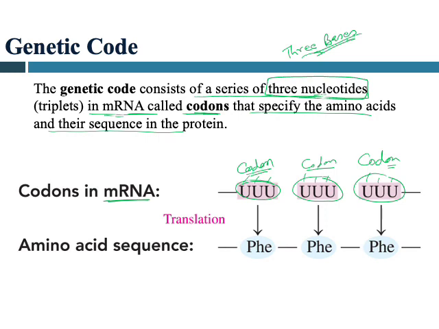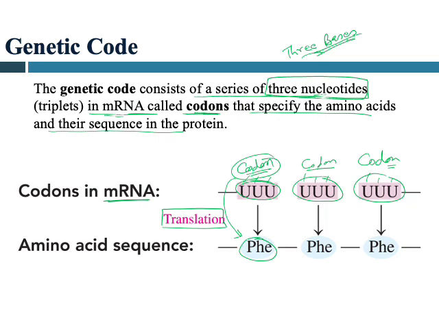So a codon is nothing, it's just the sequence of 3 nucleotides together, right? And we'll see how this codon is converted into an amino acid. How UUU normally calls for one amino acid, phenylalanine, right?